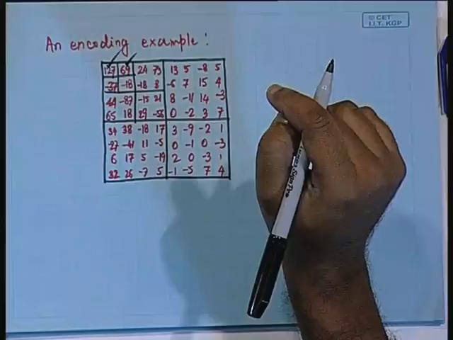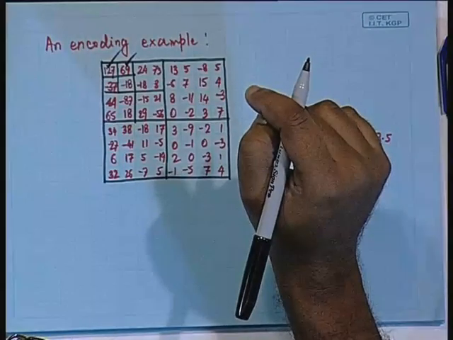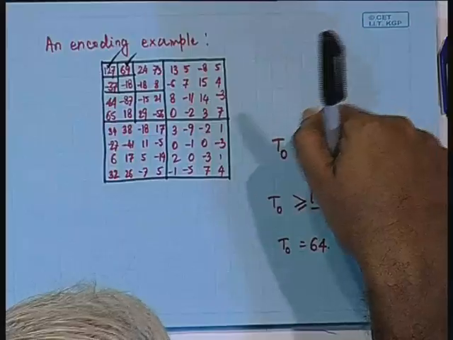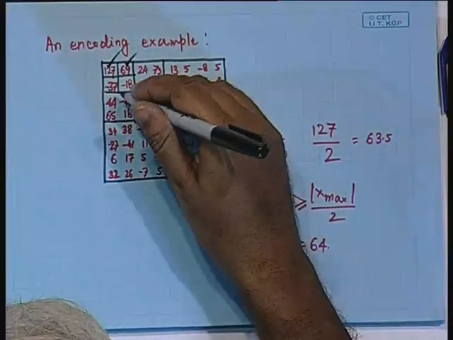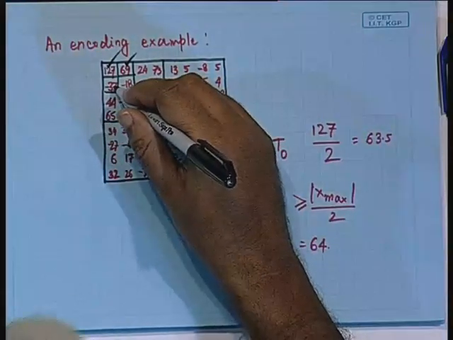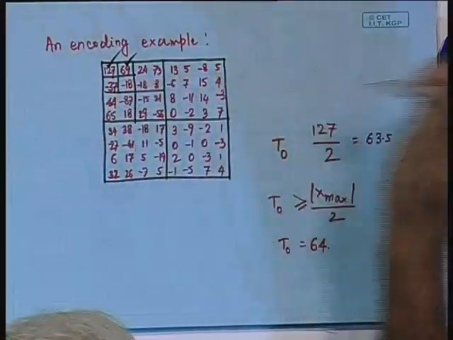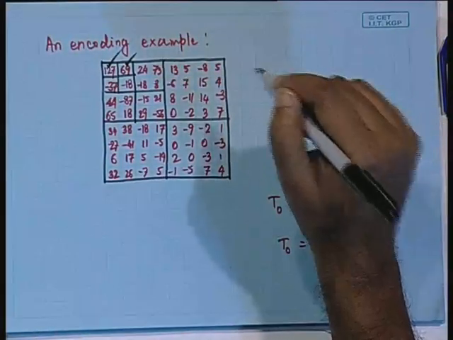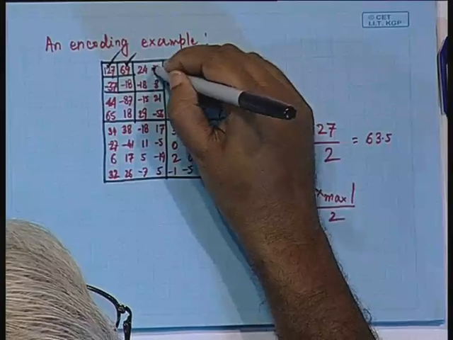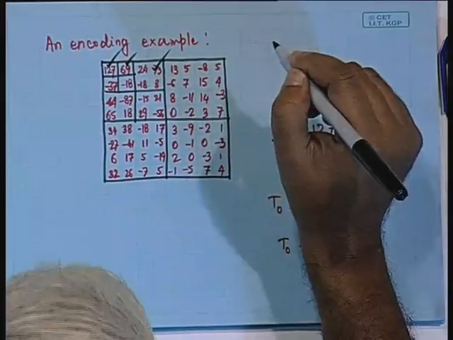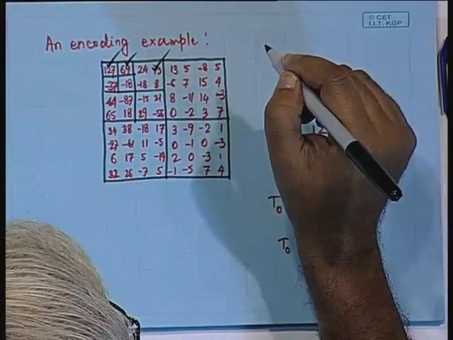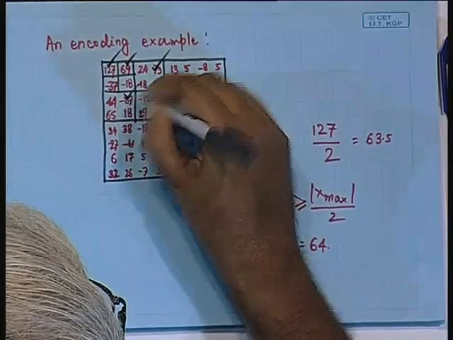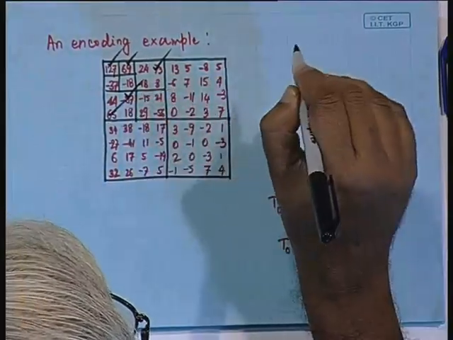Come to minus 37, this is not significant, because the threshold is 64 and the mod of x is 37, which is less than the threshold. Again, in this HL2 we will find that 73 is significant. Here in this subband, minus 87 is significant, 65 is significant.